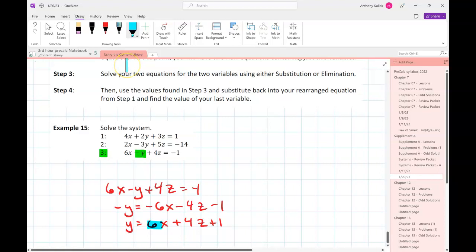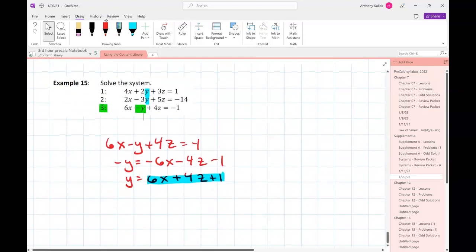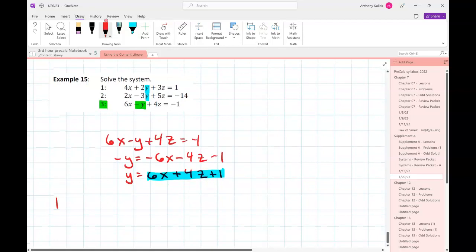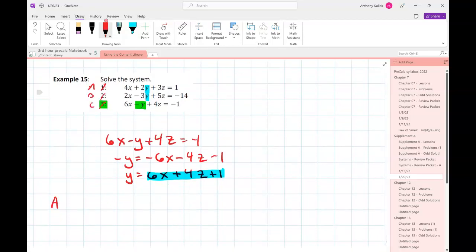Now that we have this expression for y, I'm going to go back to the original system, take the other two equations, and substitute that in for the y's. So equation 1, and I'm going to call these A, B, and C, we're going to have 4x plus 2, but then instead of y, I'm going to write 6x plus 4z plus 1.